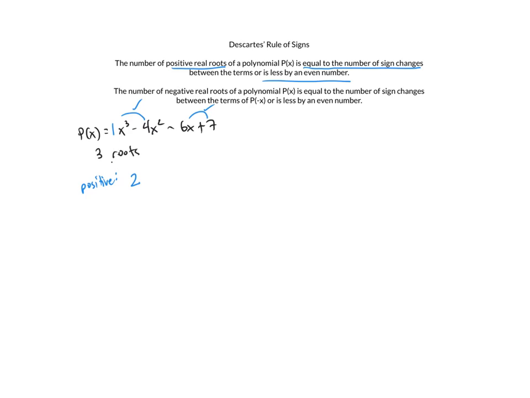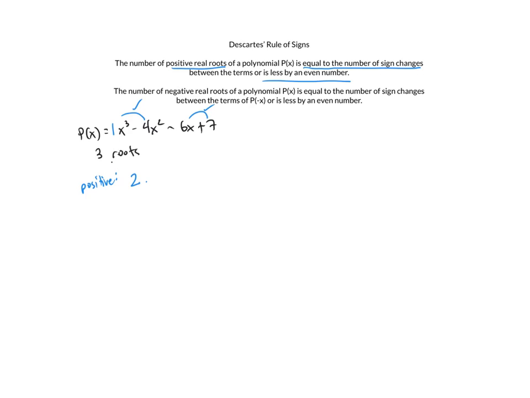Now, I could have that many positive real roots, or I could have an even number less than that. The reason that the even number pops in, do you remember when we were talking about the complex conjugate theorem? That if a complex root appears and all the coefficients are real, its conjugate's also there. That basically means that complex roots occur in pairs. They always come in 2s if your coefficients are all real.